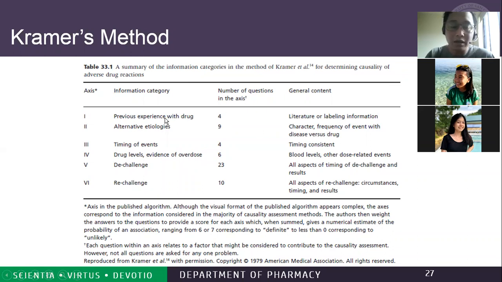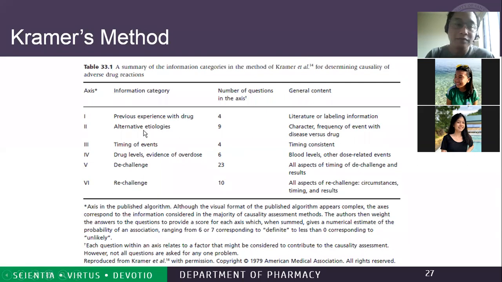Every axis has its own questions, and the assessor gathers information based on these clues. For the first axis, previous experience with the drug, the examiner will look for literature or labeling information.